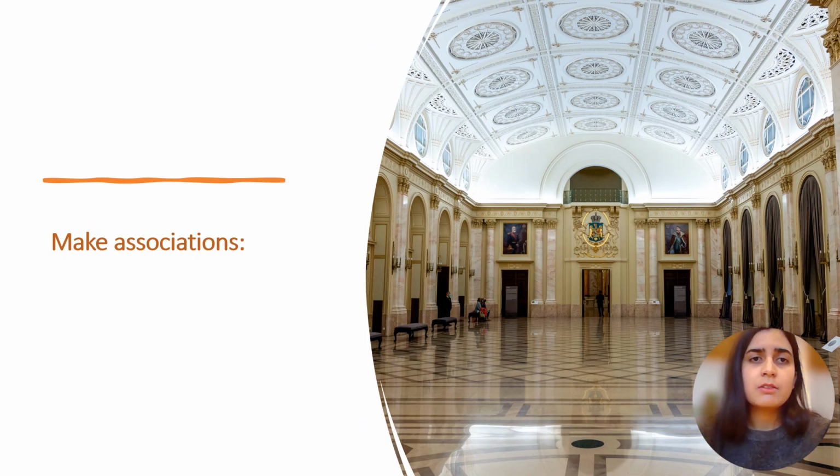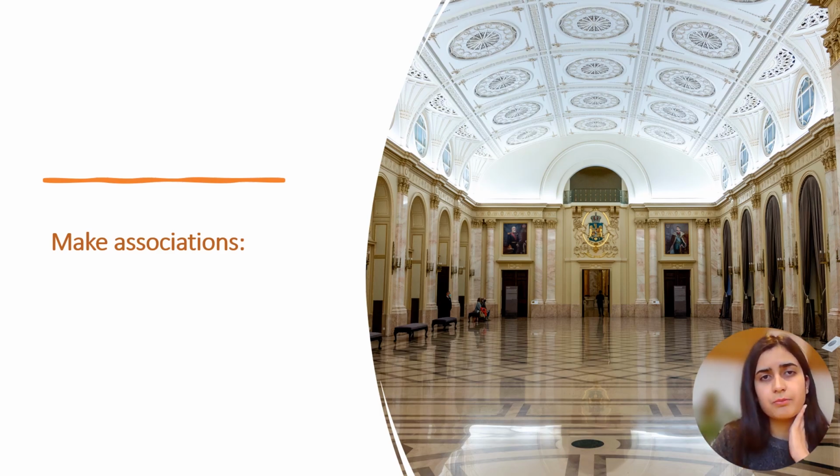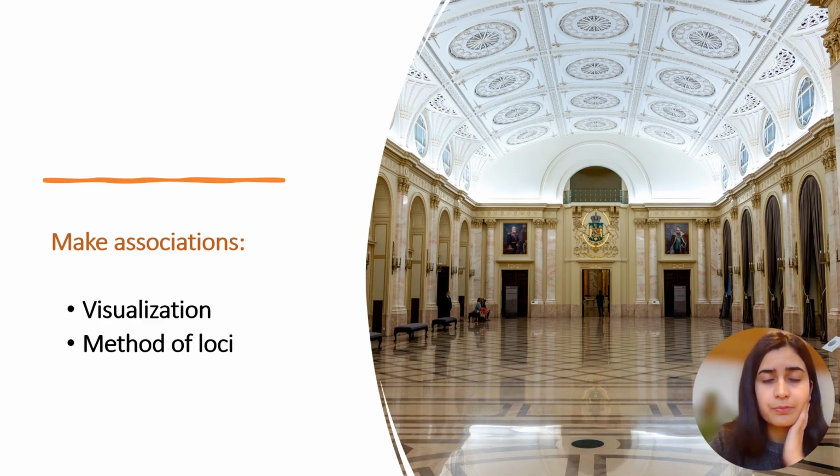Another method of improving verbal memory is to use association, for example, by visualizing the words you hear or read. The method of loci, also known as the memory palace, is an ancient technique building on this principle.